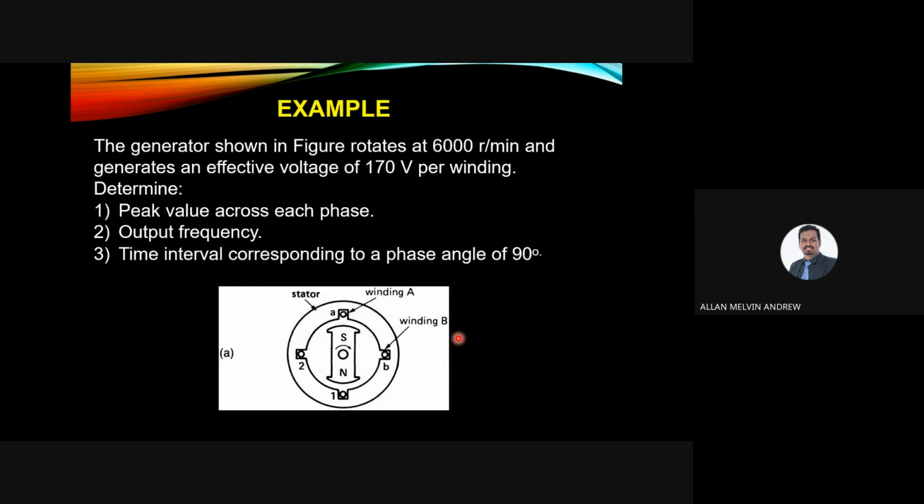Okay, so we can see one example. The generator shown in the figure rotates at 6,000 revolutions per minute and generates an effective voltage of 170 volts per winding. Determine the peak value across each phase, the output frequency, and also the time interval corresponding to the phase angle of 90 degrees.